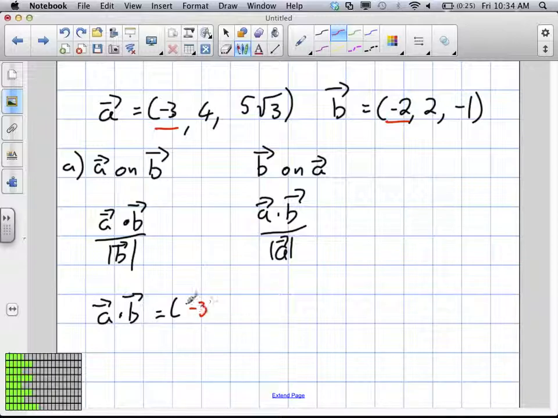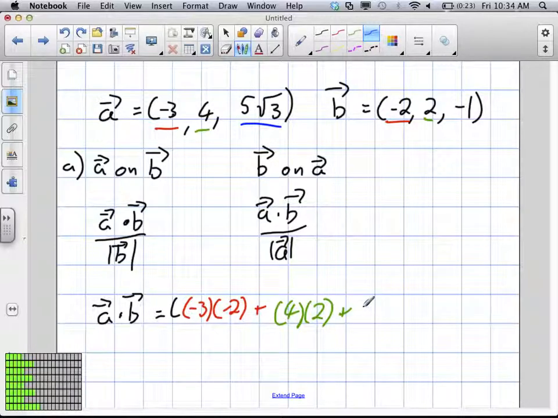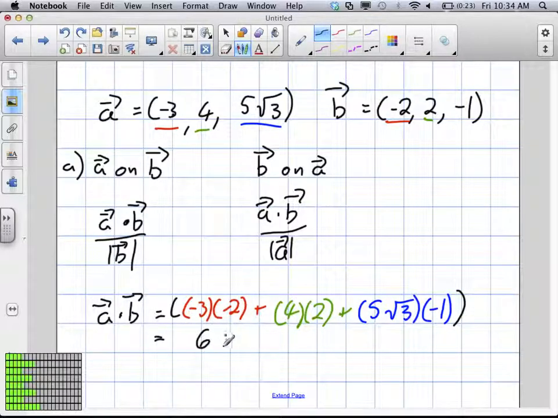So we have -3 times -2 plus our second terms, which is 4 and 2. And finally, plus our third terms, which are 5 root 3 times -1. Okay? So when we figure this out, we're going to get 6 plus 8 minus 5 root 3, which gives us 14, minus 5 root 3.